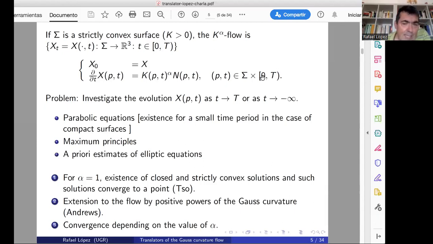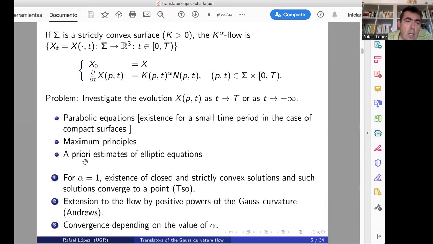Also, it's necessary to consider the maximum principle because along the flow, you have to compare two surfaces at different times. And then it's important that the surfaces along the flow are different in some sense, so the surfaces change along the flow, okay?